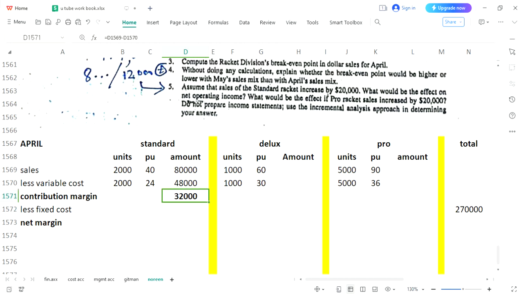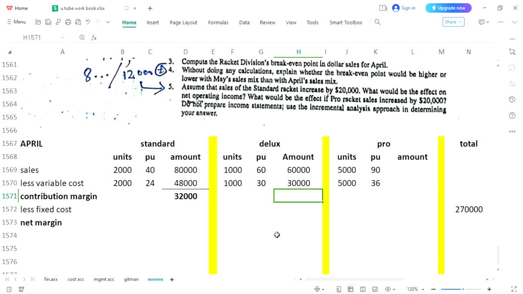It is completed. Now it's time to calculate amounts for deluxe. To calculate amount, we have to multiply units into per unit. Selling units are 1000 for deluxe, and per unit selling price is 60, which is mentioned over here. So we have got sale price for deluxe. Now variable cost for deluxe, units would be multiplied by per unit. Units are 1000 and it would be multiplied by per unit variable cost, which is 30.